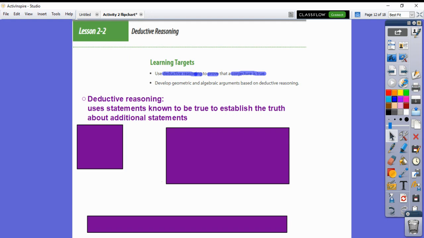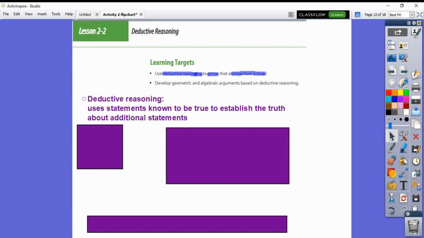So in geometry class during the school year, what we talk about a lot of the time are TV shows that use deductive reasoning. A very popular type of TV show today is all the crime shows on TV. You might be a CSI fan, or a Criminal Minds fan, or an NCIS fan.